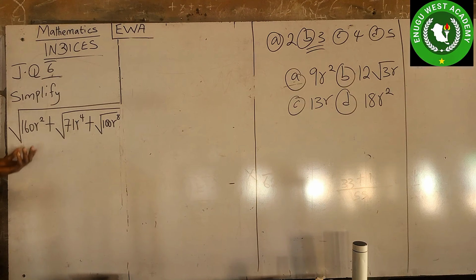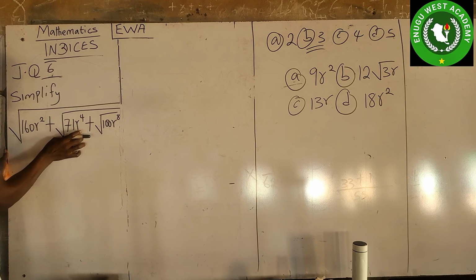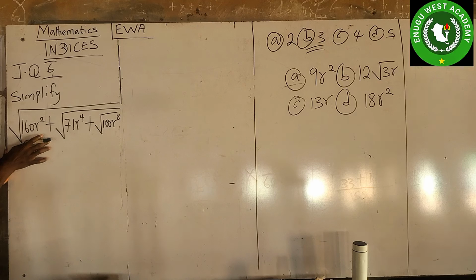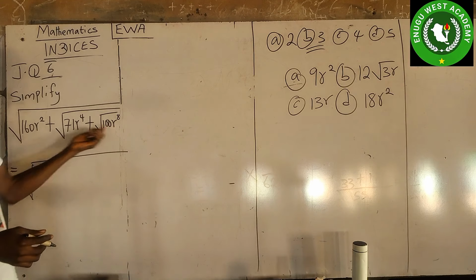Now, where are you going to start? You need to start from here. You enter here, then to this particular here, which will be the final stage. So let's solve. You can solve it one by one.